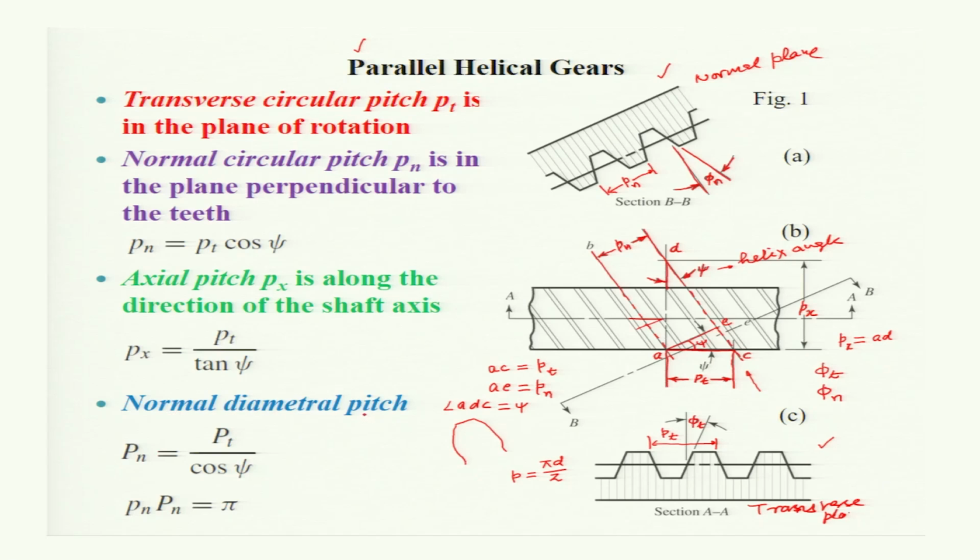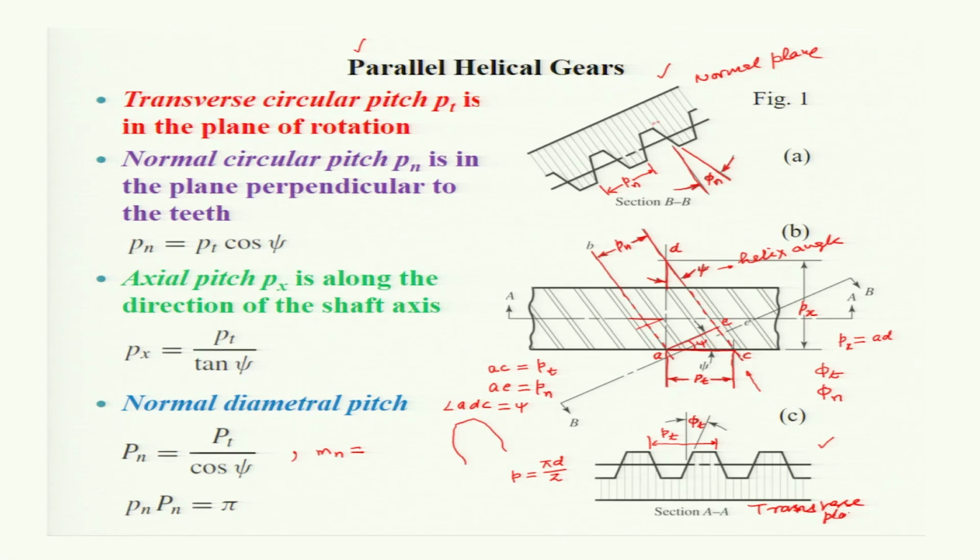Now, the normal diametral pitch Pn will equal Pt divided by cos psi, or the normal module Mn, because we know that the shape of the gear tooth viewed in the normal plane and in the transverse plane are different, and so their modules will be different.